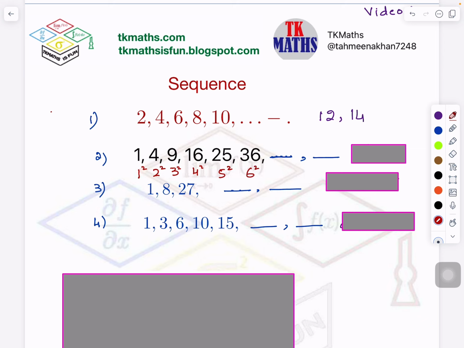So what are the next 2 numbers? Tell me quickly. If you are good in tables, you will be able to calculate it very quickly. Yes, you are right. 7 square is 49. 8 square is 64.